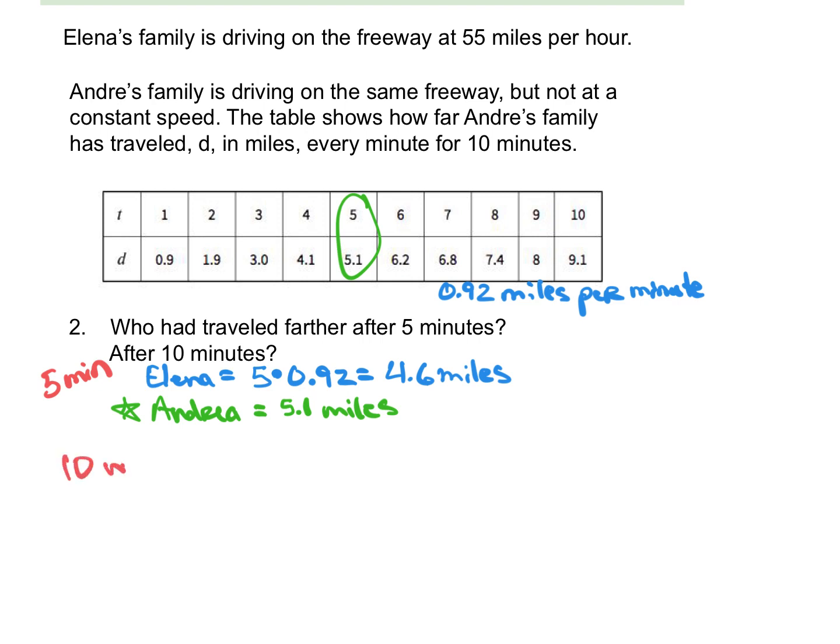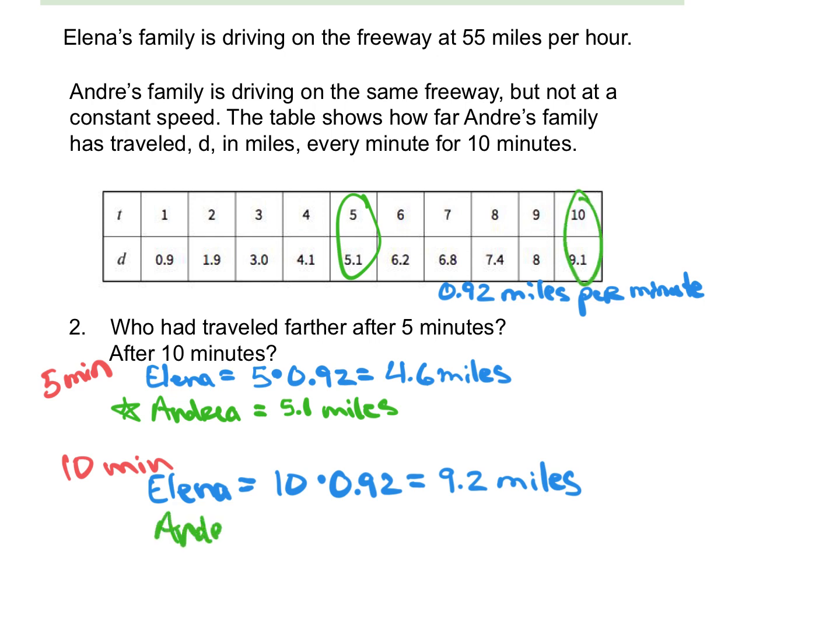Let's do 10 minutes. So again, Elena, we need to do some multiplication because Elena went the same amount, okay? So we're going to go 10 times 0.92. Oh, that's 9.2 miles. Andre, we're looking at 10. So Andre, he's 9.1 miles. Oops, miles, not minutes.